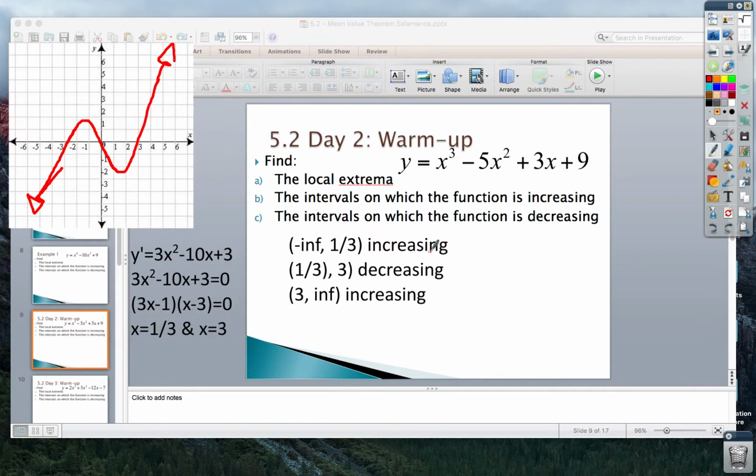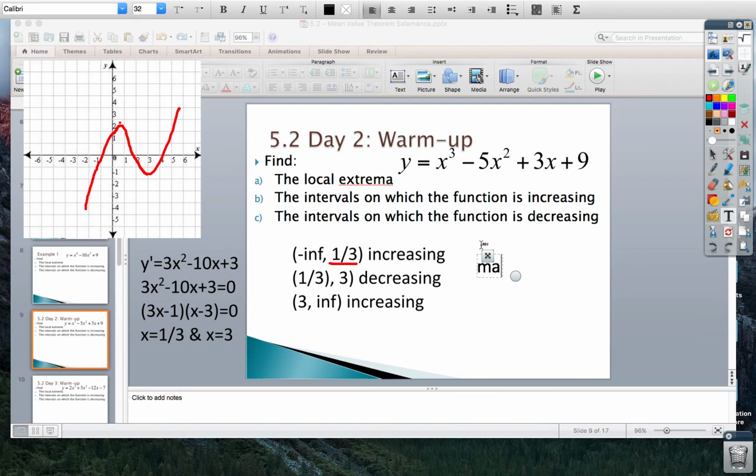So based off of that, let's draw in a more appropriate graph. So we know at 1/3, that's going to be somewhere here. It's increasing up to here. And then to 3, it's going to be decreasing. So we knew somewhere at these points, it's going to go upwards, downwards, and then back up.